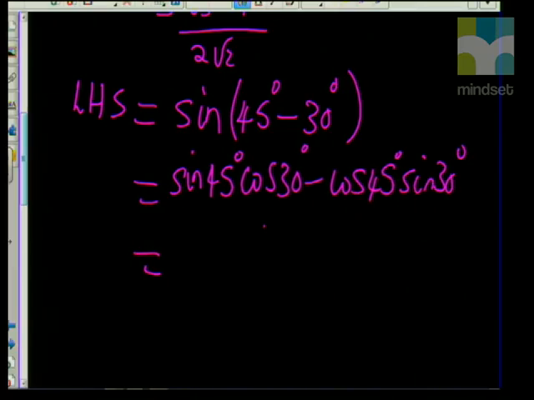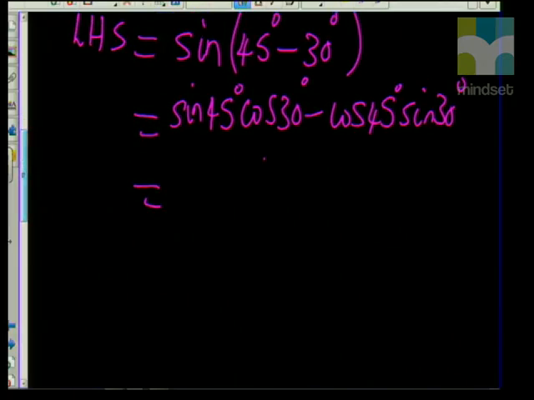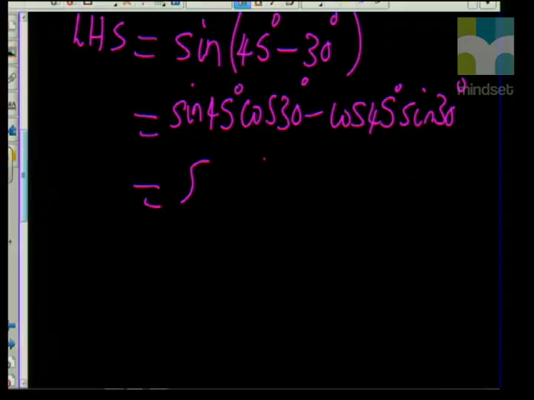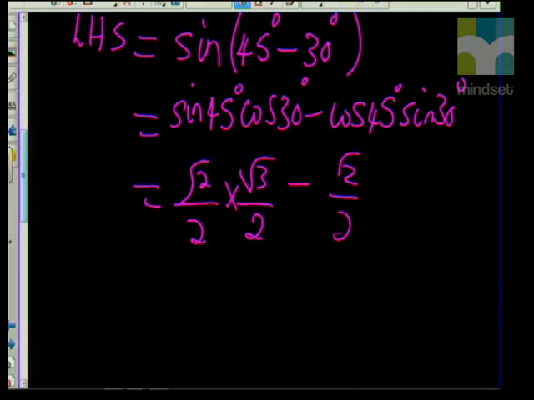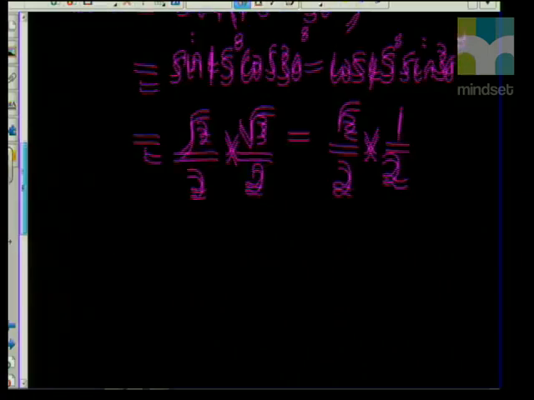Remember guys, these are special angles, so sine 45 gives us root 2 all divided by 2 times the cos of 30, that will be root 3 over 2, minus root 2 over 2 times the sine of 30, which is a half.